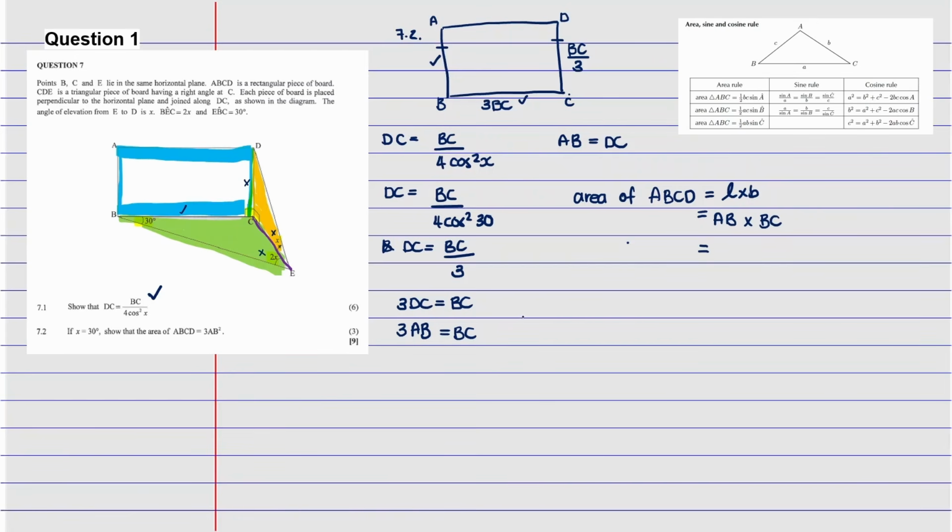But we know the fact that BC is equal to 3AB. So that's going to be AB multiplied by 3 times AB, right? So our answer here is going to be 3AB squared, which is exactly what they want. And that's how you would get your 3 marks.